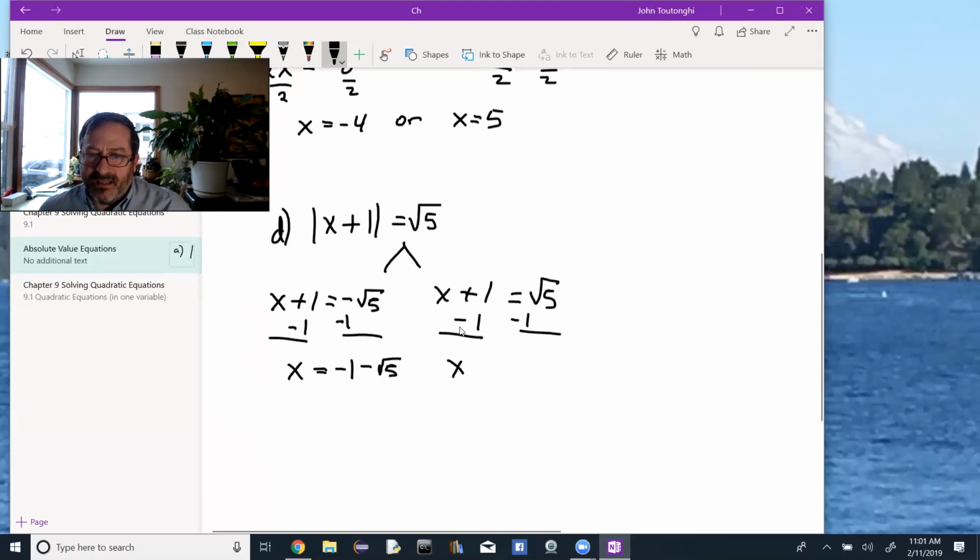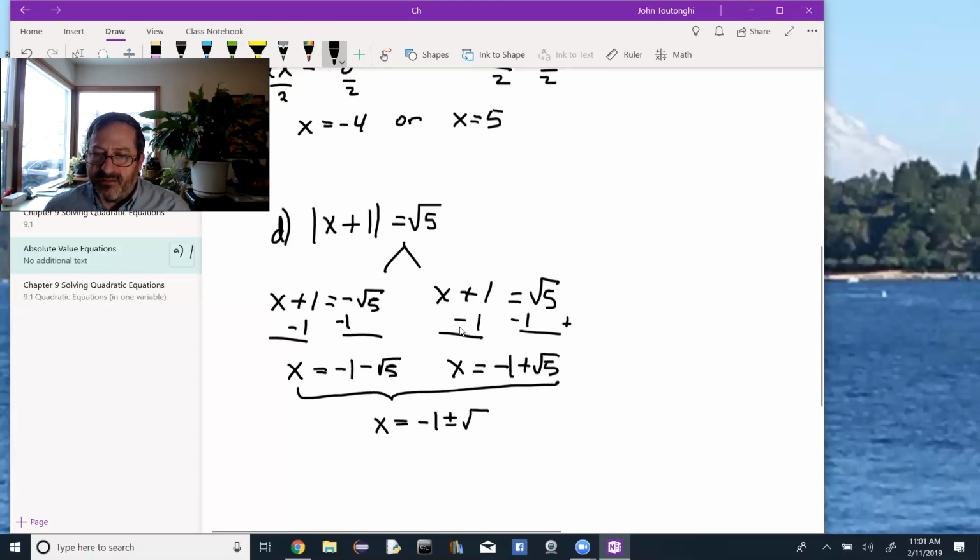And here I would get, and I'm adding those, so negative 1 plus root 5. So you can see this notation, we're never going to be combining the 1 with the 5. So in this case, it makes more sense to write this as x equals -1 plus or minus the square root of 5.